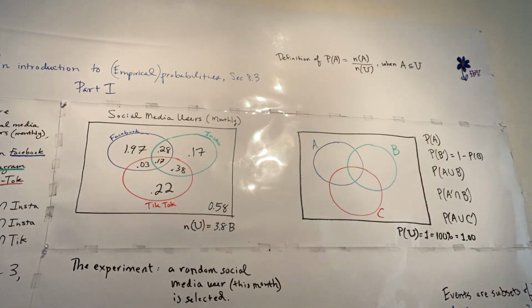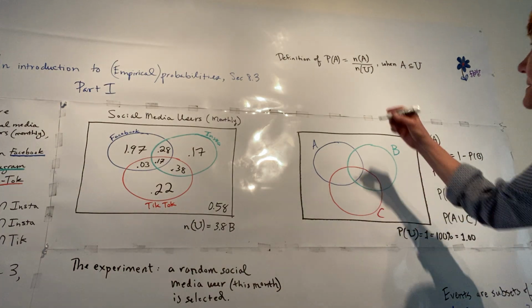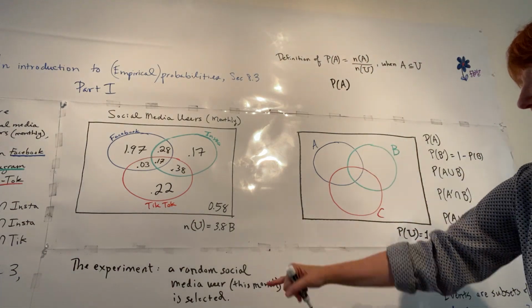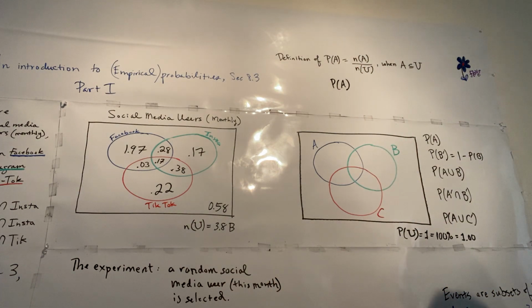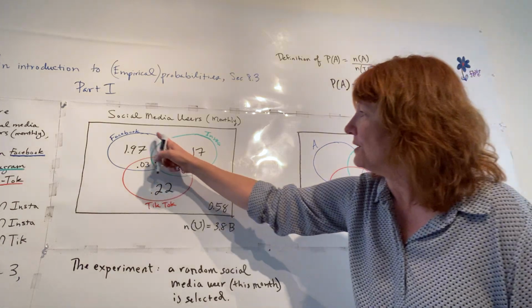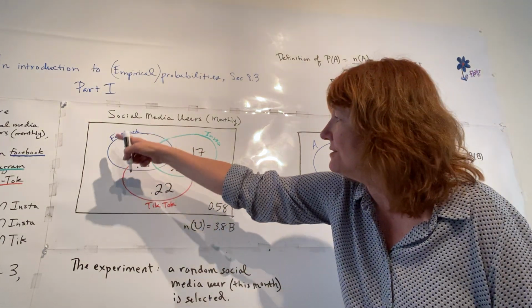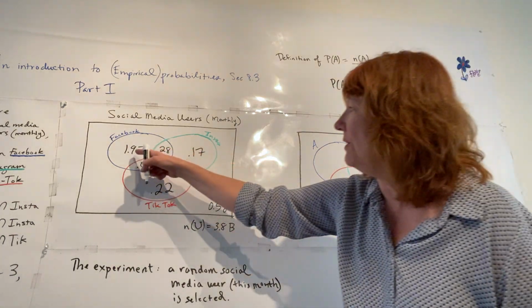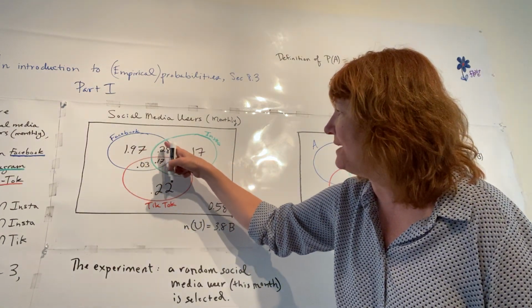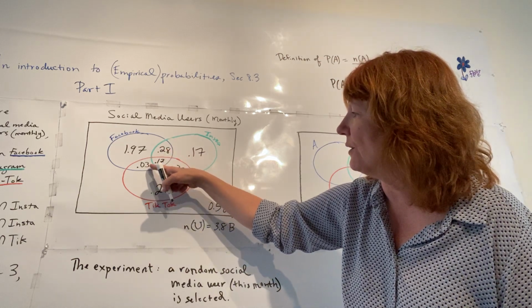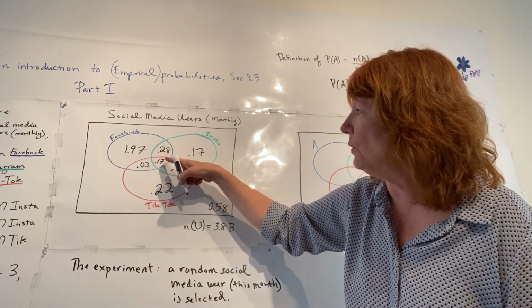So for example here, the probability of A: we've randomly chosen a social media user and they answered that they had used Facebook this month. That would be equal to the cardinality of the set A, which is all these users of Facebook, whether they're only using Facebook, or Facebook and Instagram, or Facebook and TikTok, or all 3.